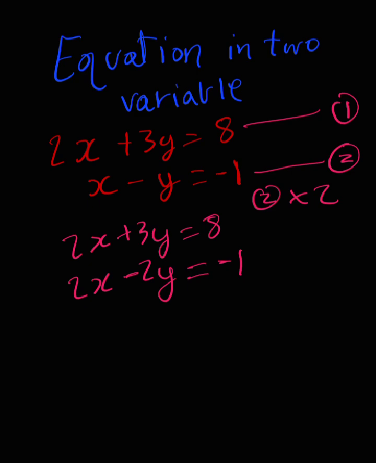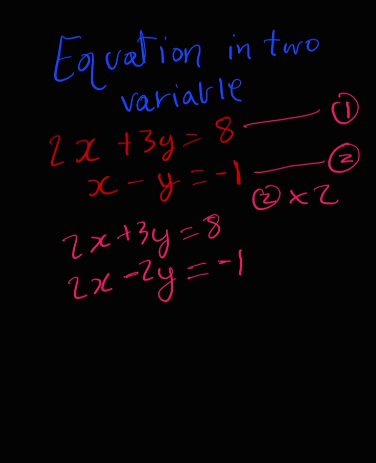To eliminate 2x, now that we have an equal variable, when we add or subtract, we will get an equation in one variable. So if I subtract the first equation from the second equation, I will get some variable y.